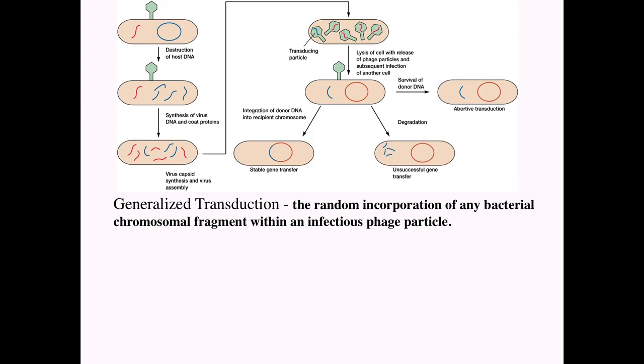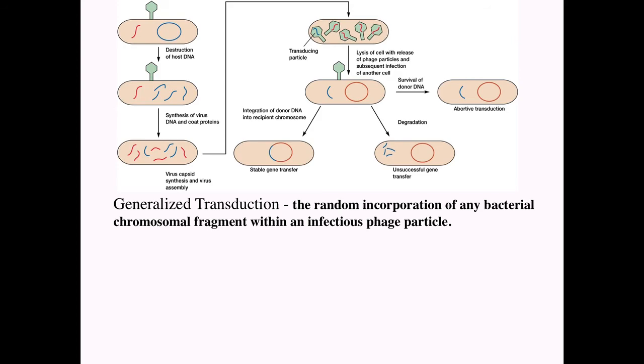But in some viruses, just by random chance, a piece of the bacterial chromosome, the host chromosome, can be packaged by accident. And so that particle, shown here with the designation of a transducing particle, is, I would say, pseudo-infectious.